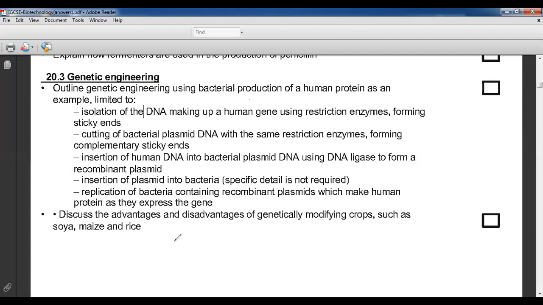Or we can also say genetic engineering is the process in which, for example, this is a DNA of an organism, and you cut this gene from one organism and insert this piece of gene into another organism. So you are inserting a fragment of DNA from one organism to another organism.